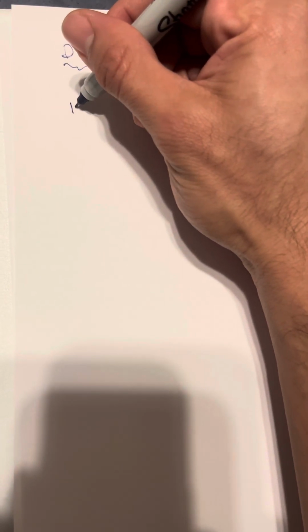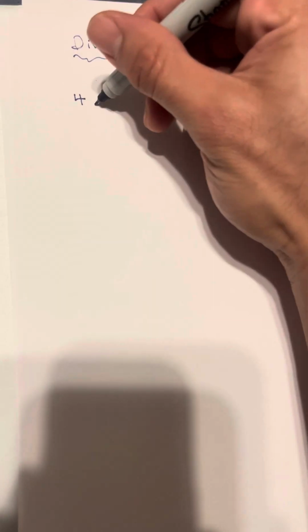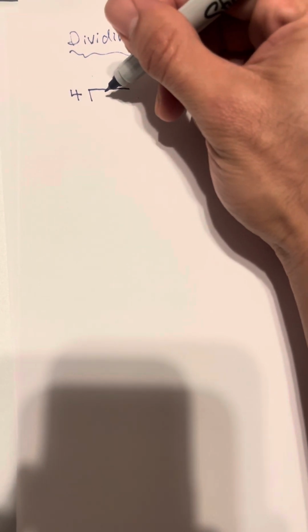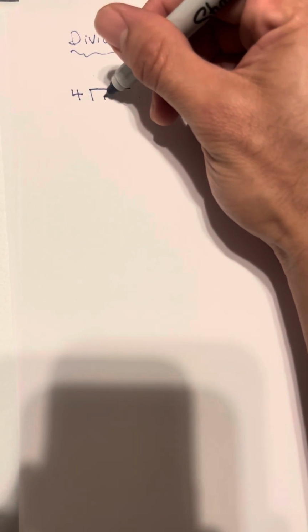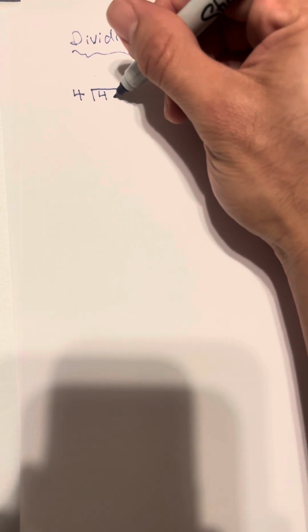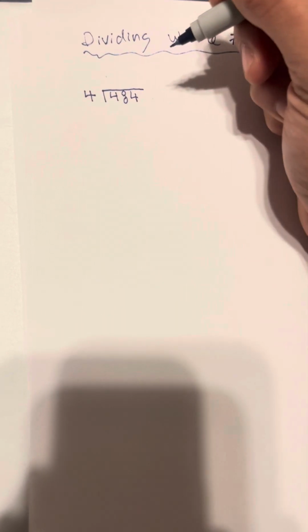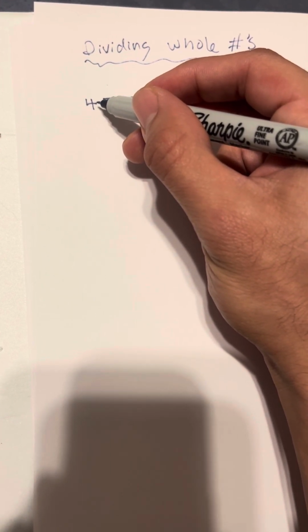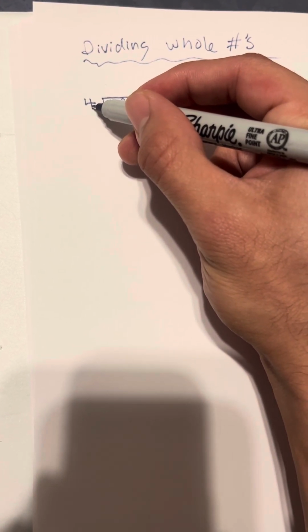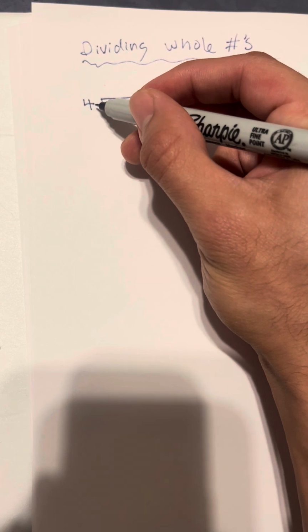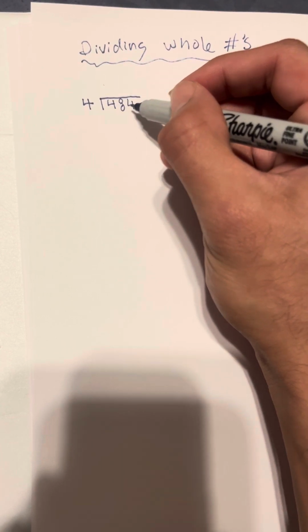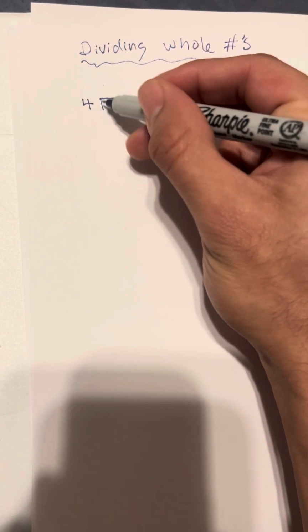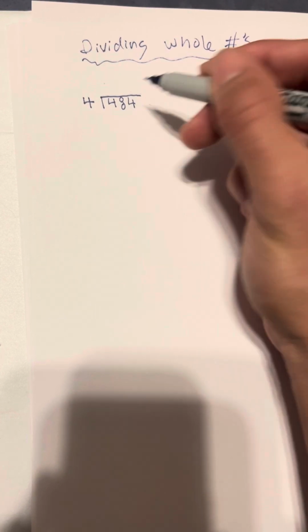So I will start out with 4 dividing a big number like 484, something it can divide into. So we will start by dividing the 4 in the simplest way we can into 484 by starting with the biggest number on the left.